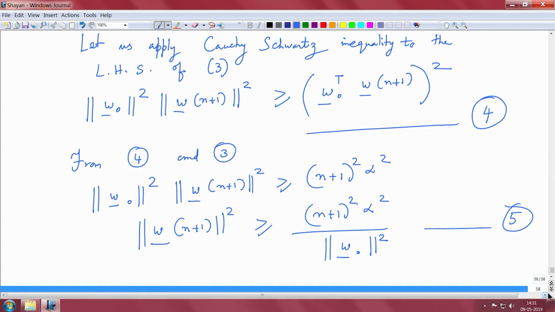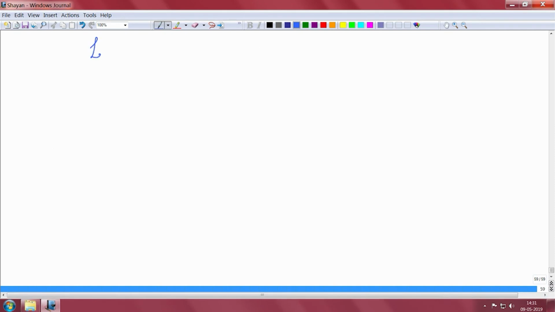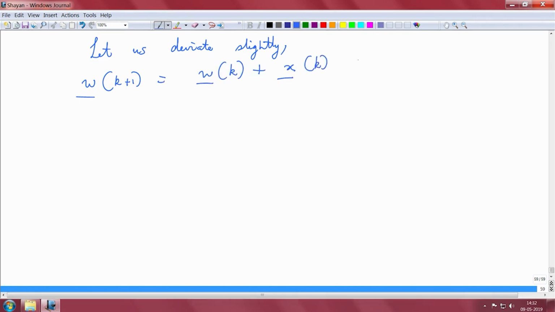Okay. Now, let us try to deviate slightly. We start with this recursion, W k plus 1 is W k plus X k, and this holds for k equals 1 till n, for all x k belonging to class C1.